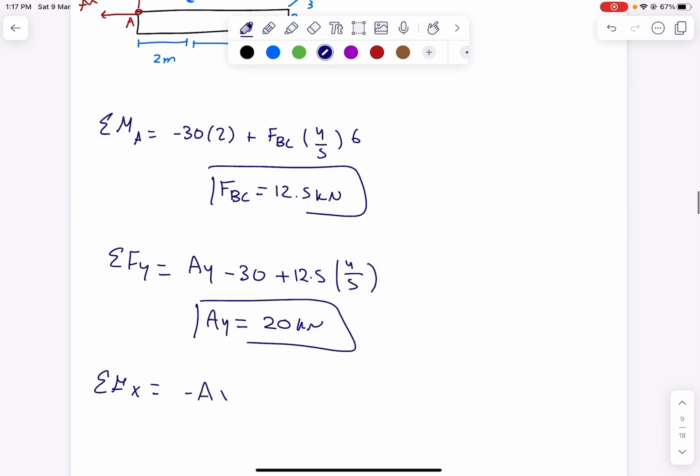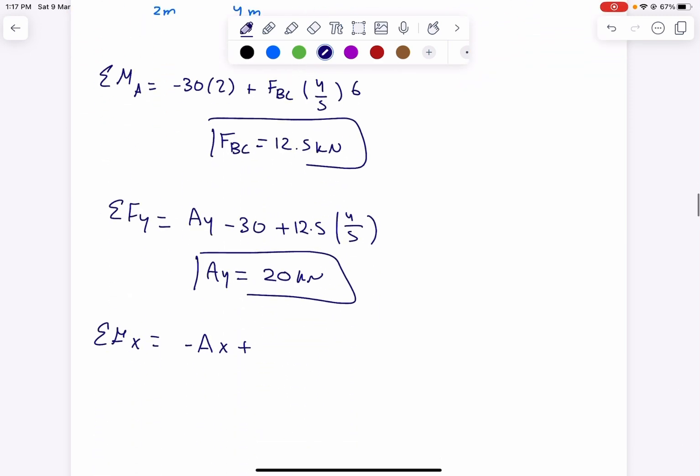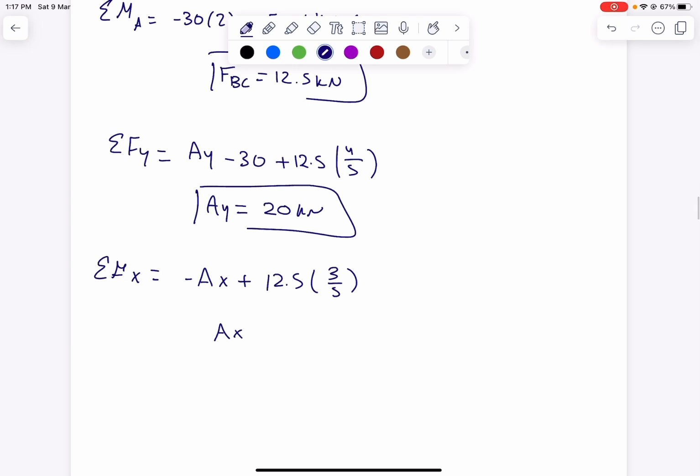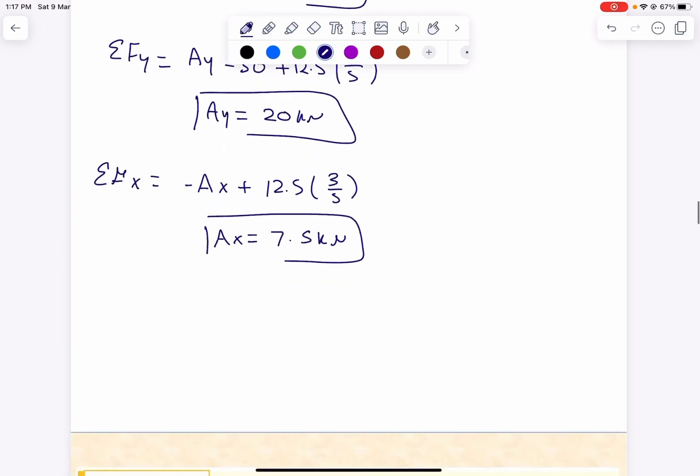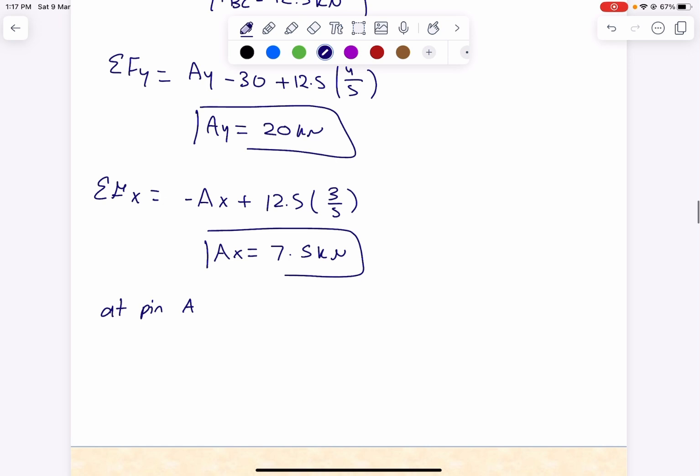It's minus AX plus FBC, or 12.5, 3 over 5. So AX is equal to 7.5 kilonewtons. Now I need to find the resultant force at pin A. Which is the square root of 7.5 squared plus 20 squared.